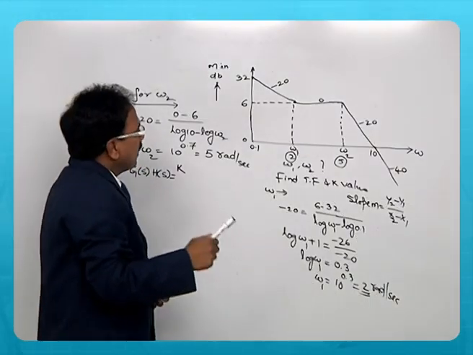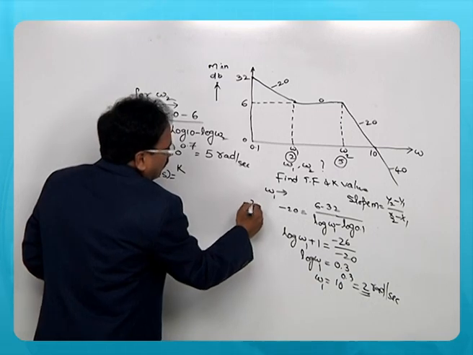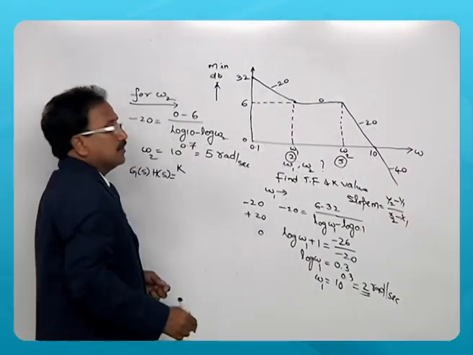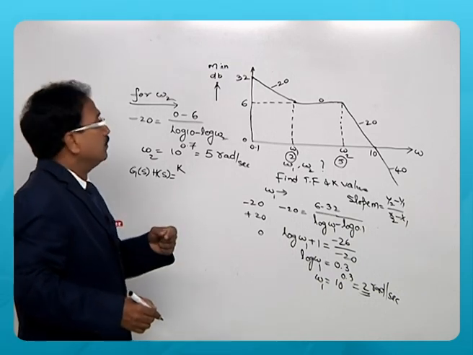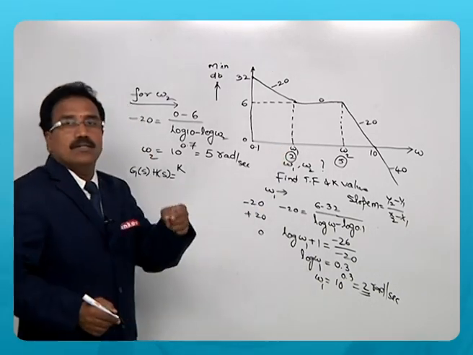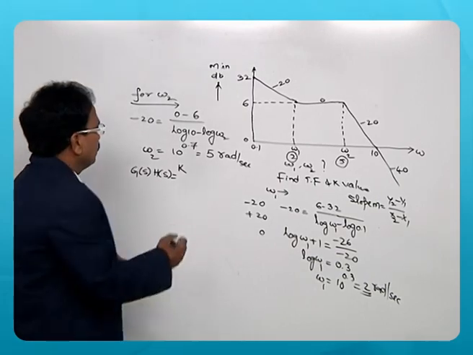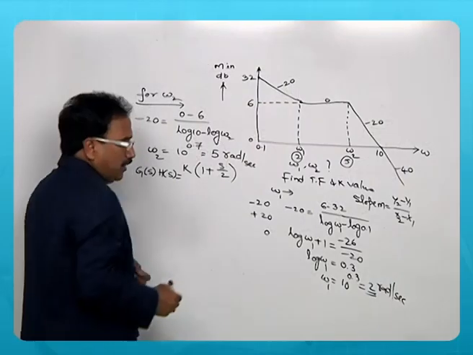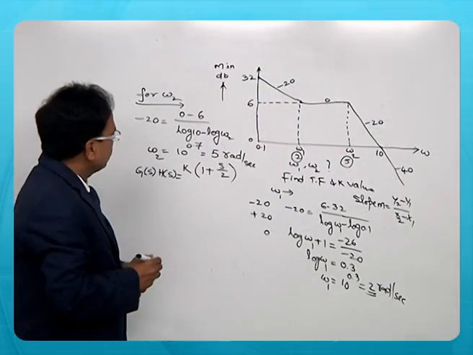Minus 20 becomes 0 only when plus 20 is added. That means there is a zero at the omega 1 corner frequency of 2. So in the numerator you will have a term of 1 plus s by 2.